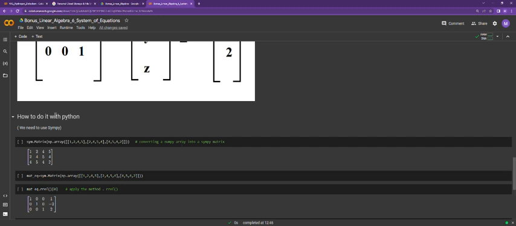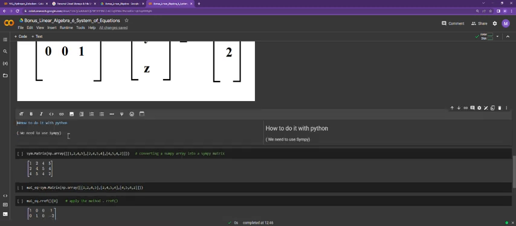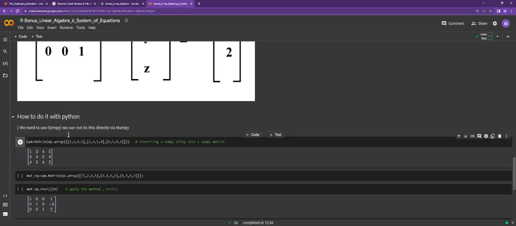So how do we do it in Python? Firstly, we need to use SymPy, so we cannot do this directly via NumPy. Now let's look at this function that I've created here, which converts a NumPy array into a SymPy matrix.